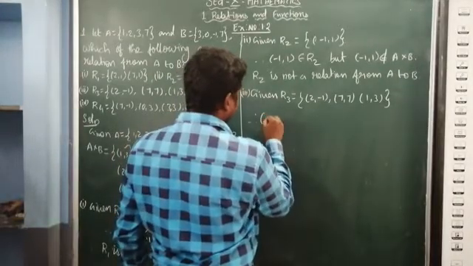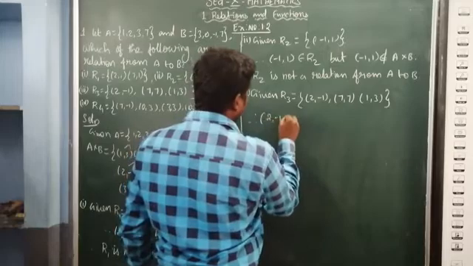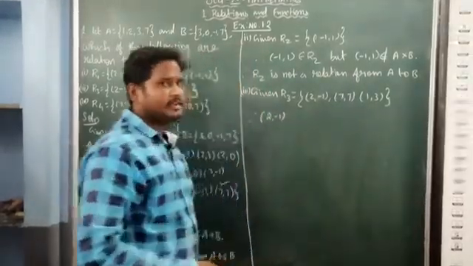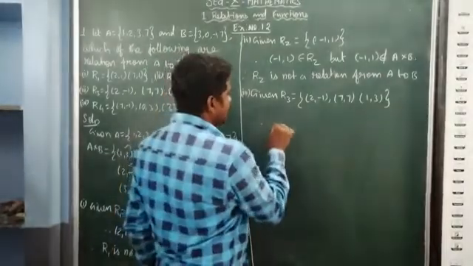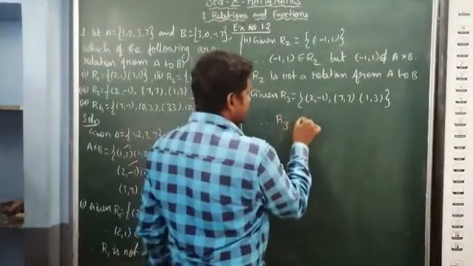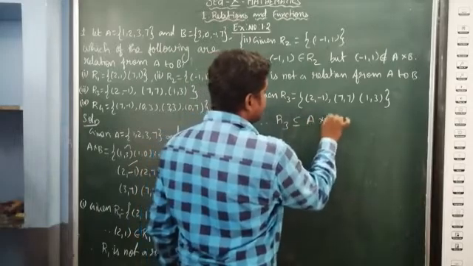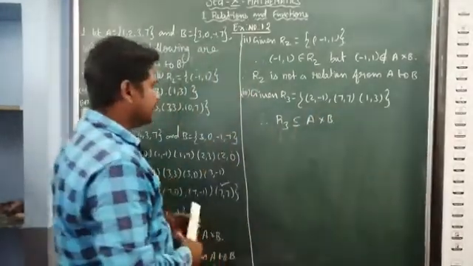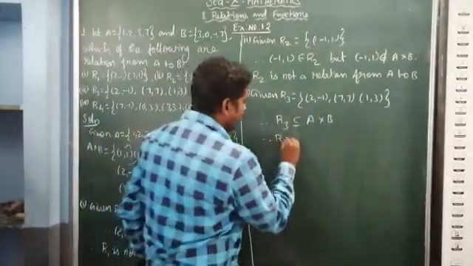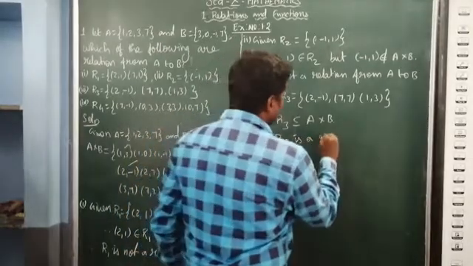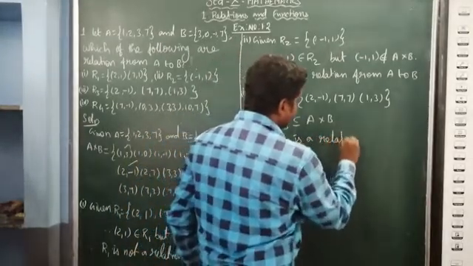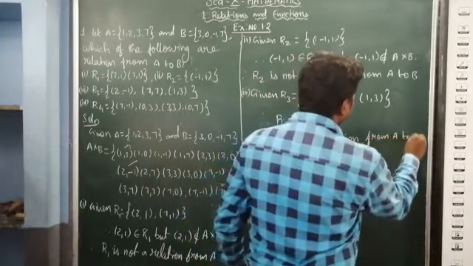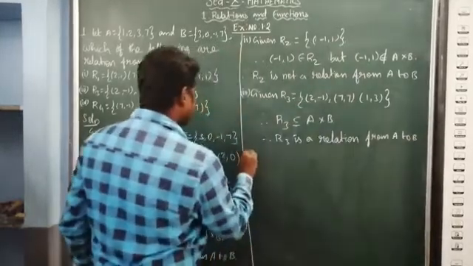Therefore R3 is a subset of A cross B, because all the elements are in A cross B itself. Therefore, you have to write R3 is a relation from A to B.